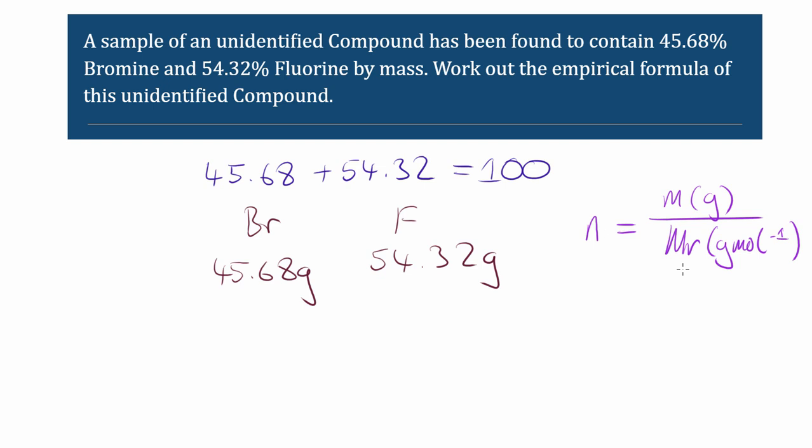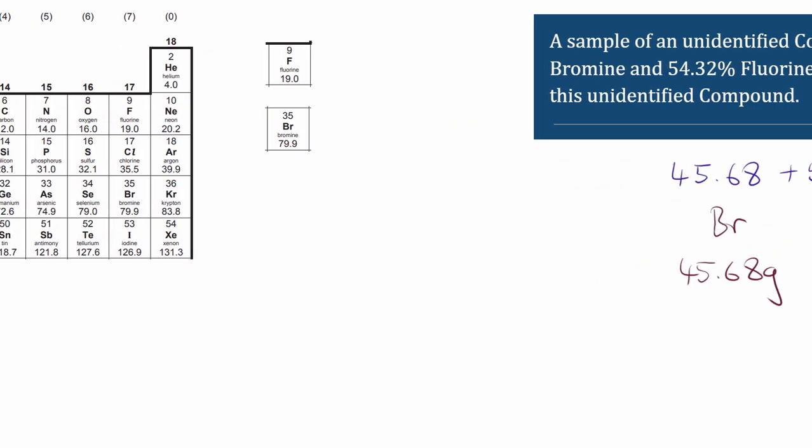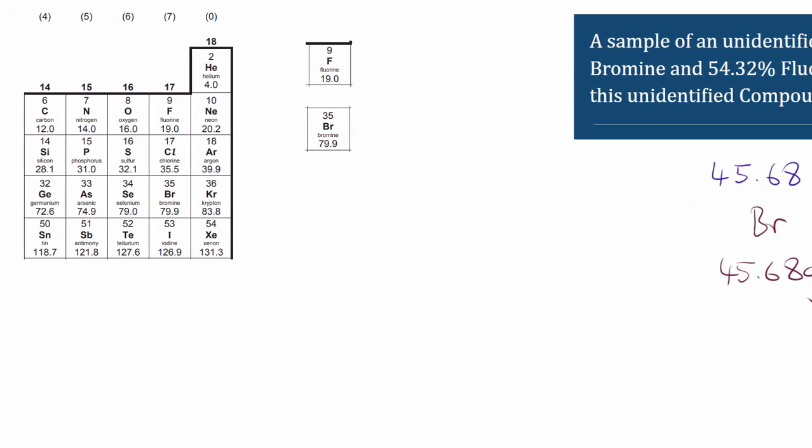Now we don't have the molar masses given in the question, but we know what elements we're dealing with. So we can refer to the periodic table and find out the relative atomic masses, which in this case would be the molar masses of the elements.